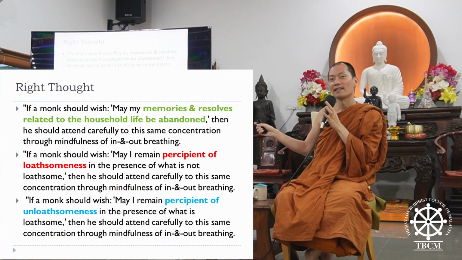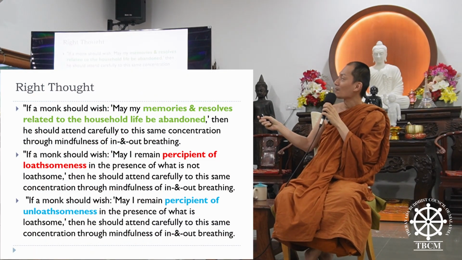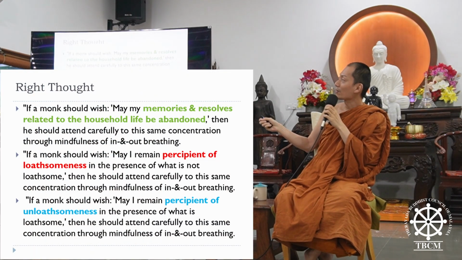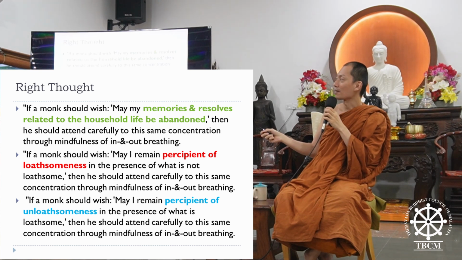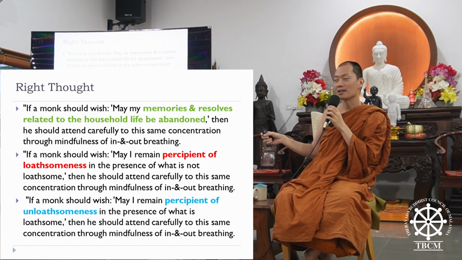In short, the first one talks about resolving to abandon this household life. So this talks about relinquishment, detachment, a state of detachment. And the one in red, perception of loathsomeness, thoughts of non-greed or non-lust.